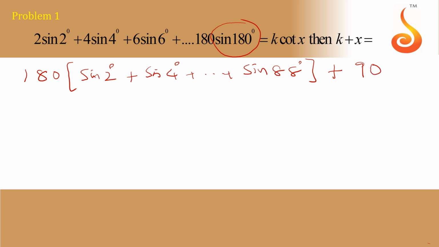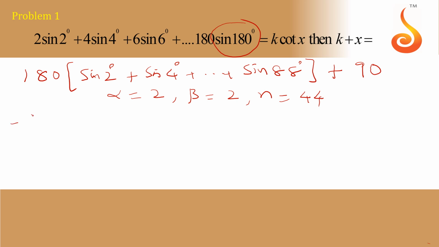This is a series where angles are in arithmetic progression. We have a formula: alpha equals 2, beta is the common difference, that is also 2, and the number of terms is 44. So let us use the formula sine of n beta by 2 by sine beta by 2, into sine of alpha plus n minus 1 into beta by 2.